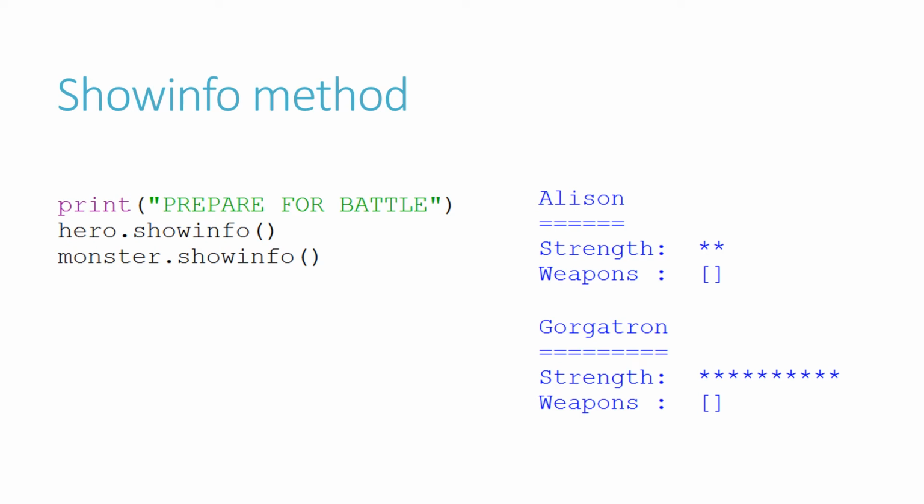So in this case it seems that the hero is fairly much outclassed by Gorgatron, and so we want to display something like that. So pause the video now and create a method called Showinfo, which displays not just the strength but the speed, skill and weapons of your 2 main characters.